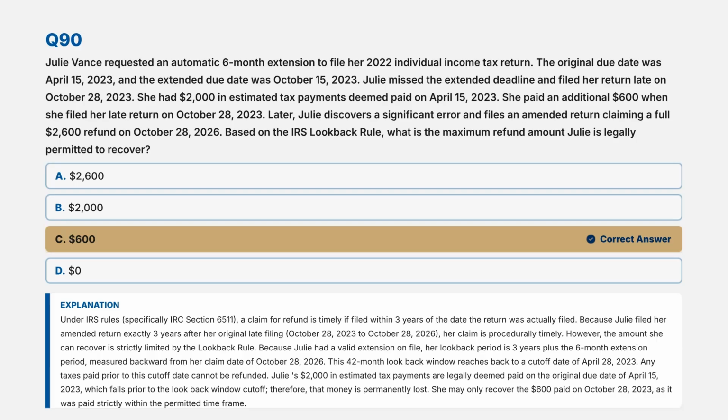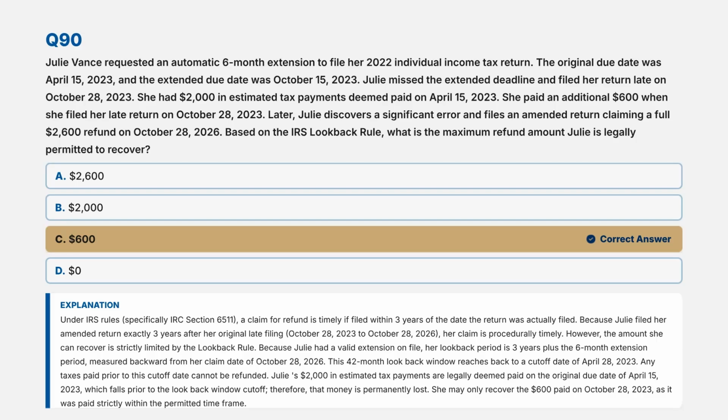However, the amount she can recover is strictly limited by the lookback rule. Because Julie had a valid extension on file, her lookback period is 3 years plus the 6-month extension period, measured backward from her claim date of October 28th, 2026. This 42-month lookback window reaches back to a cutoff date of April 20th, 2023.